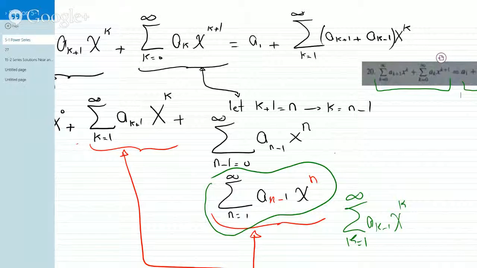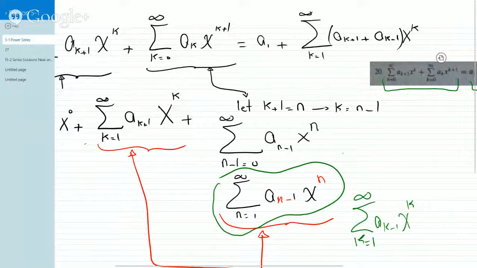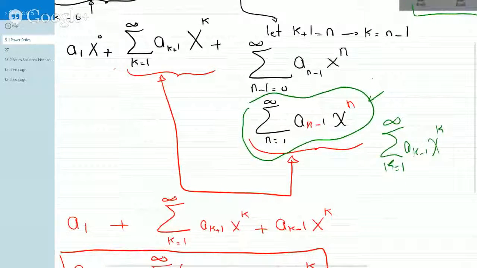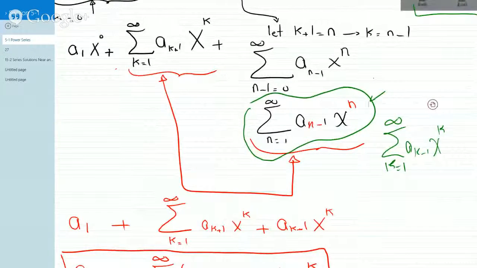And k equals 0 now becomes n minus 1 equals 0, which means the series now starts at n equals 1, which is very convenient because it starts at the same place that the other series starts, so that way I can combine the two series together.